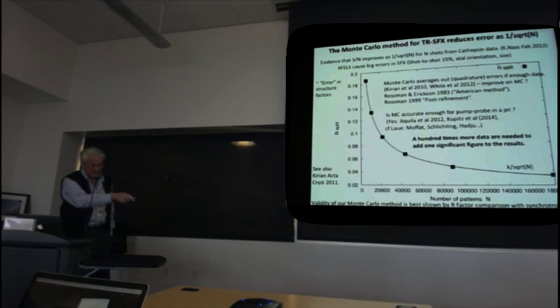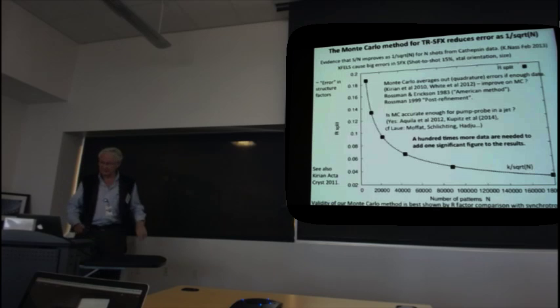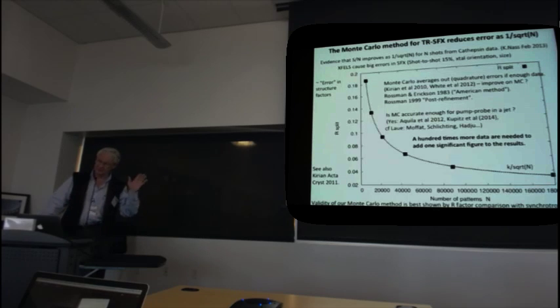So if you have enough data, of course, Monte Carlo will do it for you, but it's very inefficient. And you need 100 times more data to add one significant figure to the results. That's what this law here says. 100 times more data to add one significant figure. So most of the research since 2009 has been trying to improve on Monte Carlo by various forms of modeling.